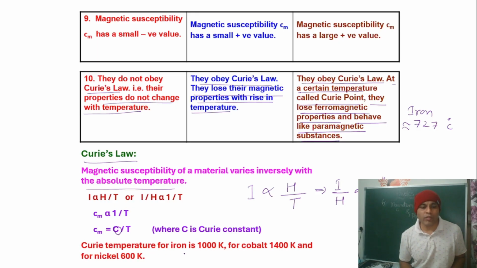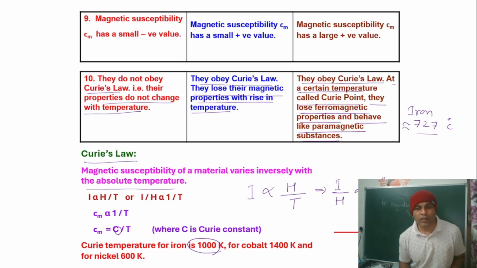The Curie temperature for iron is 1000 Kelvin, for cobalt 1400 Kelvin, and for nickel 600 Kelvin. So 1000 Kelvin means 727 degrees Celsius.